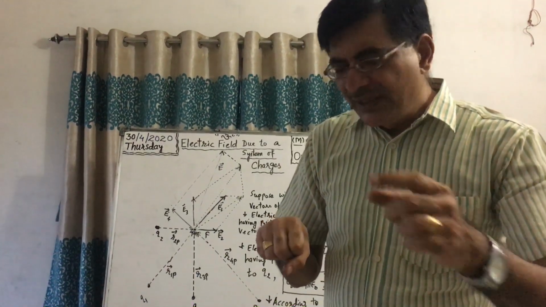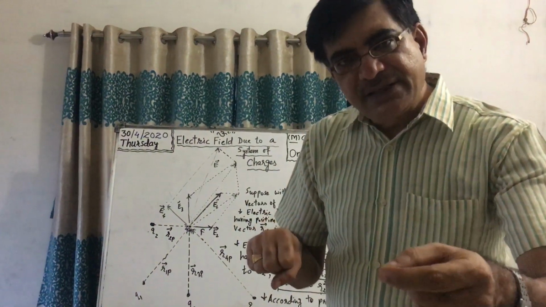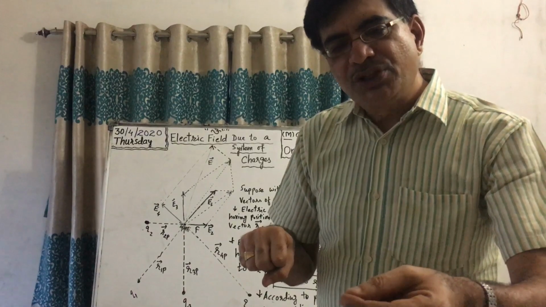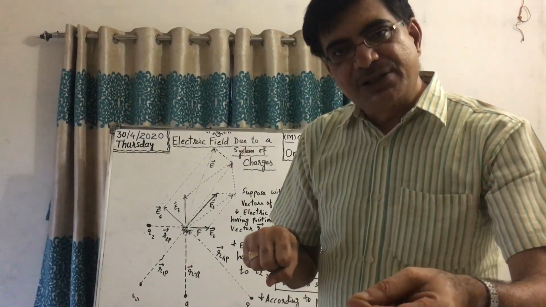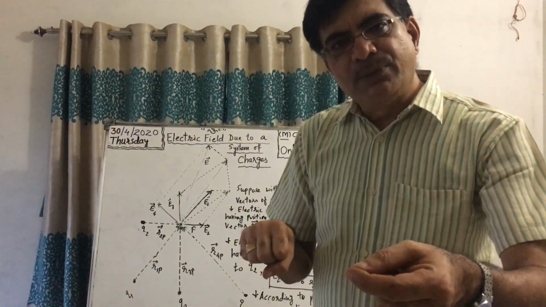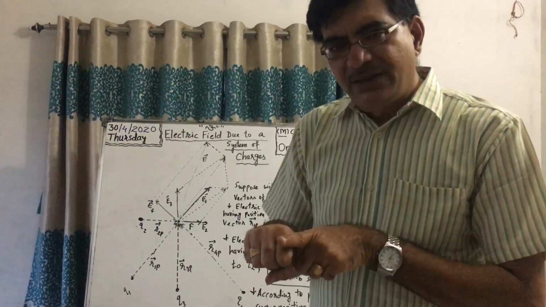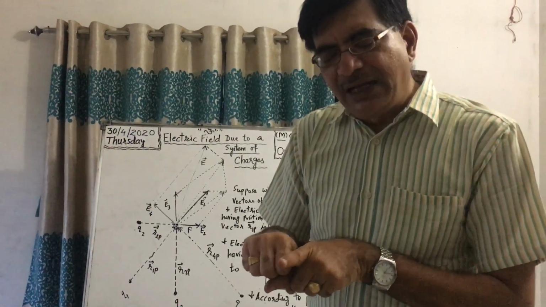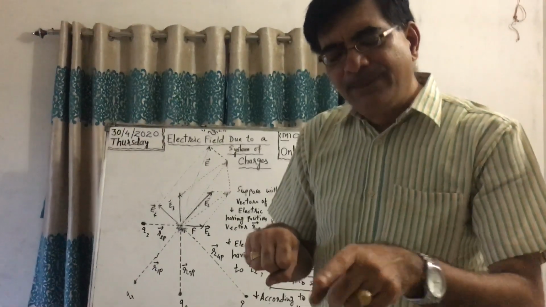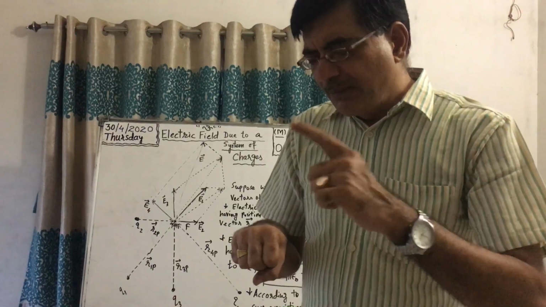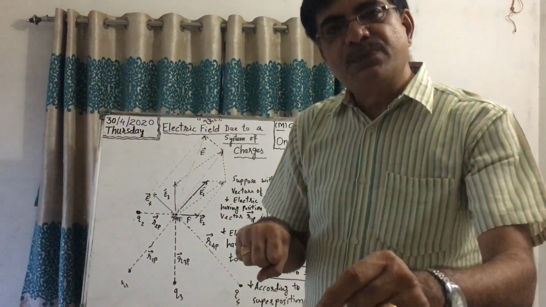Suppose I want to find electric field intensity due to this charge at this point. I should put here a unit positive charge, and the force on the unit positive charge due to this charge at position vector r or distance r is called electric field intensity by this charge at this point.